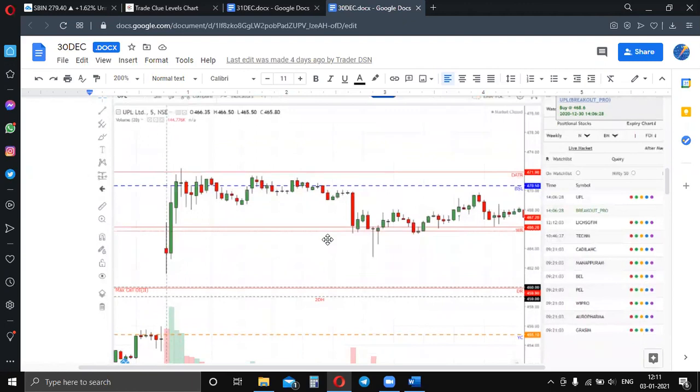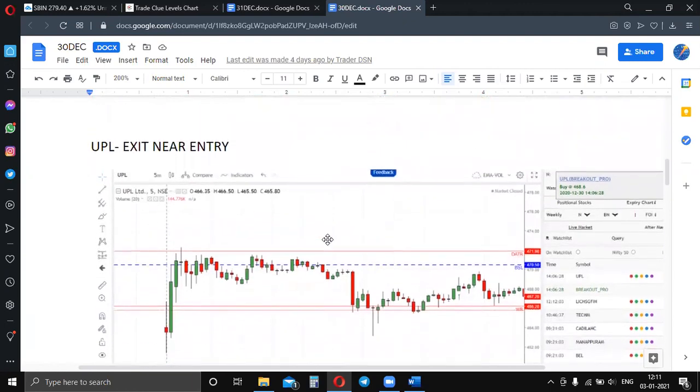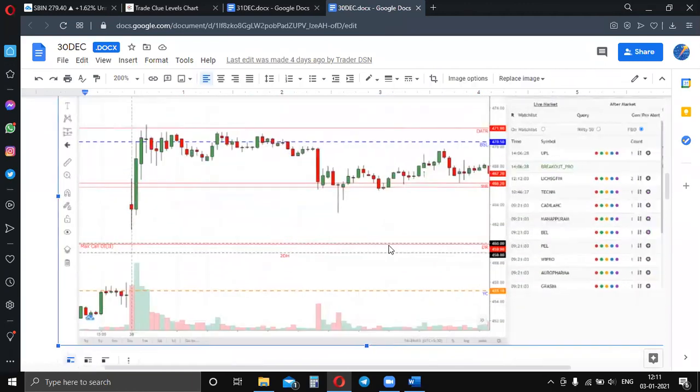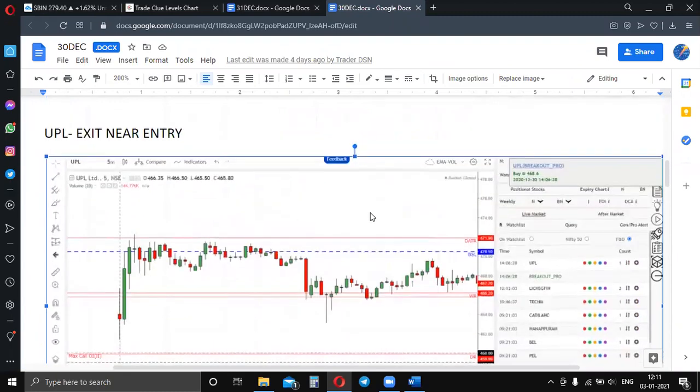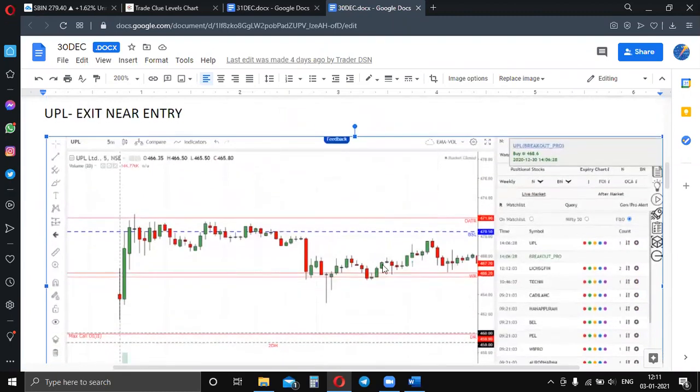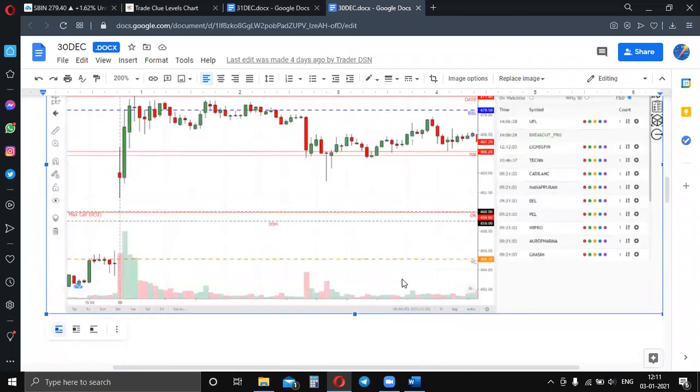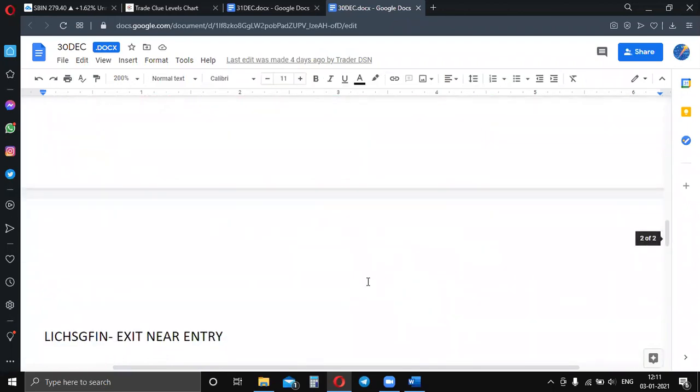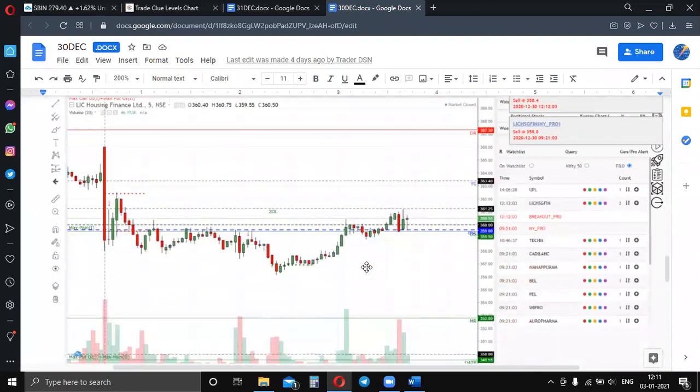Same thing happened with this particular stock that day. When it tried to go and find the bottom, it didn't move anywhere, so we exited near the entry point itself, right? Same thing happened with LIC.